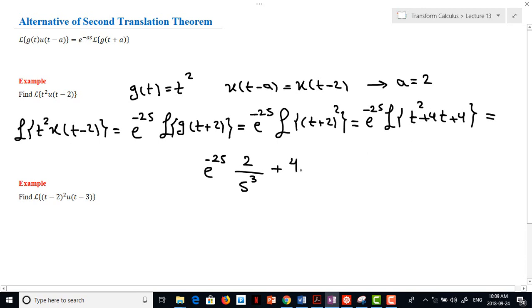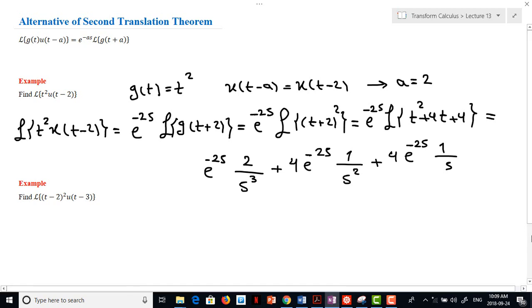So 4 e to the power of minus 2s over s squared. Laplace transform of 4 is 4 over s, so plus 4 e to the power of minus 2s over s.